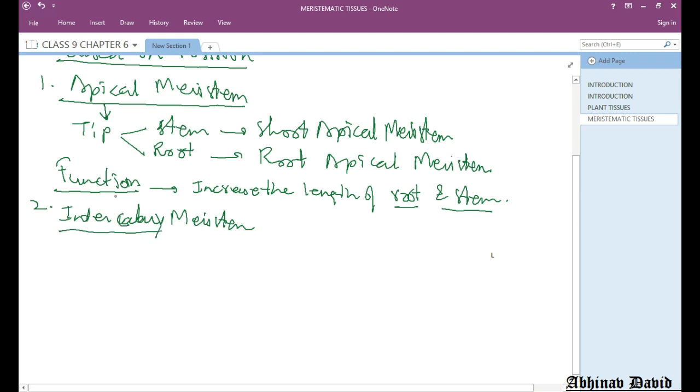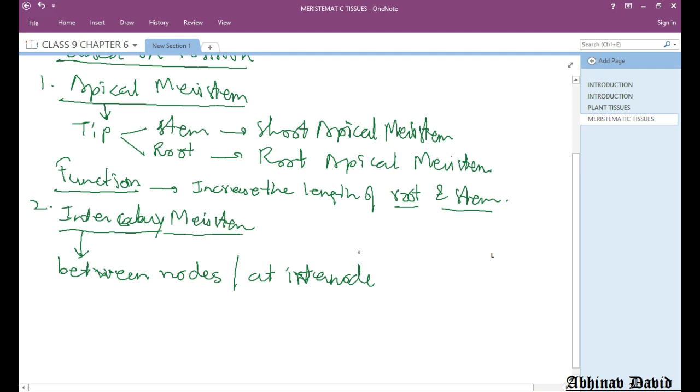I hope you can read my writing. Now, intercalary means what? Inter means between. Here between nodes, or at the internode.